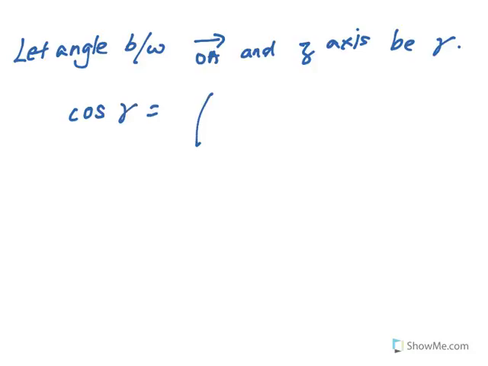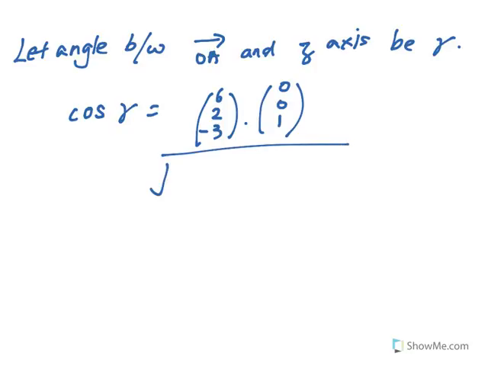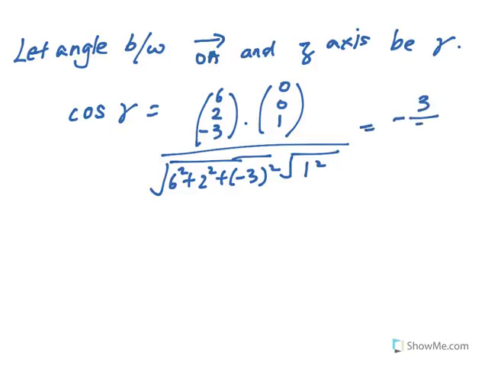Cosine of gamma, by formula, is the scalar product of OA and 0, 0, 1 together with the modulus of OA and the modulus of 0, 0, 1, and this should work out to give you negative 3 over 7.